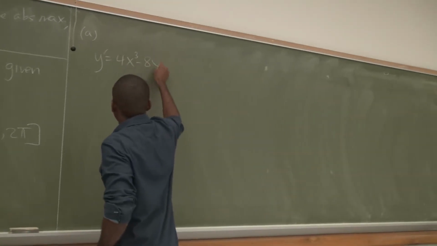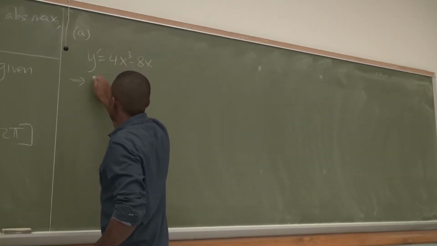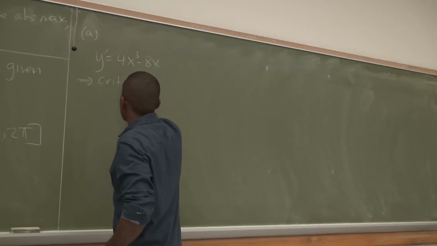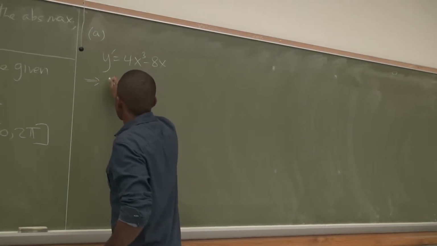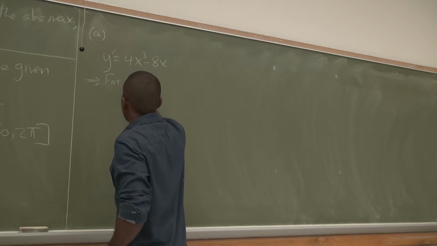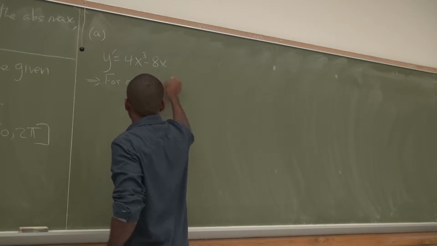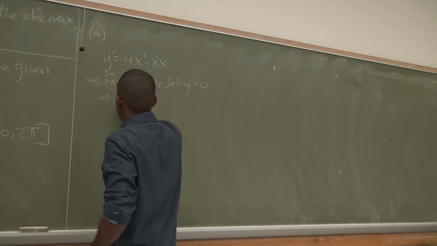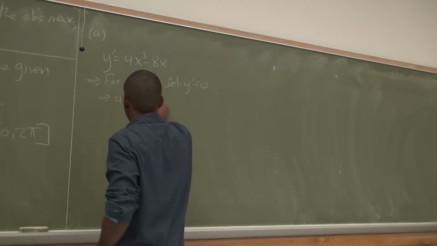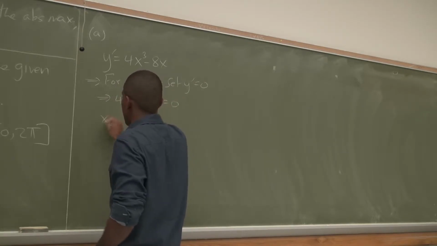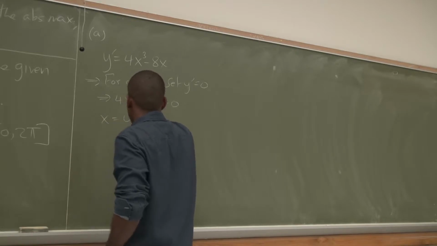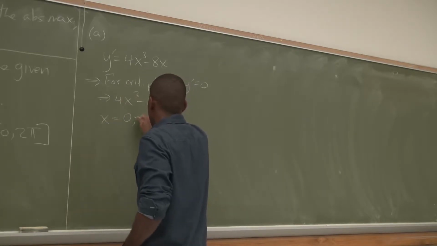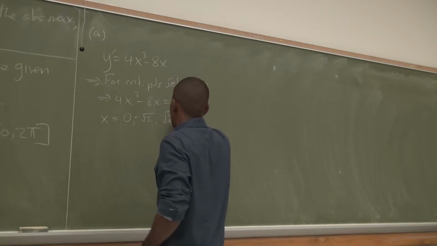For critical points, set y prime equals 0. This means we have 4x cubed minus 8x equals 0. And we actually solved for this already. So x was either 0, minus radical 2, or positive radical 2.